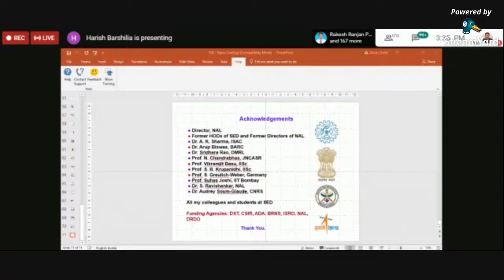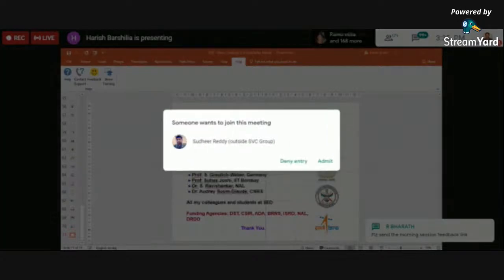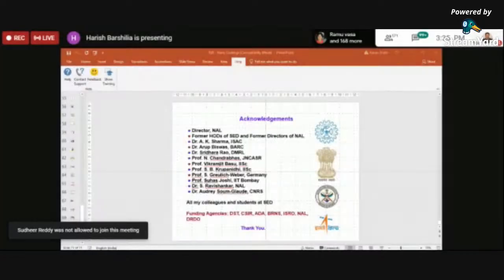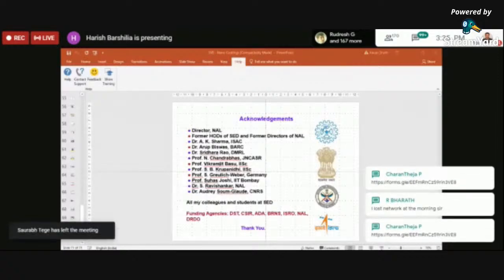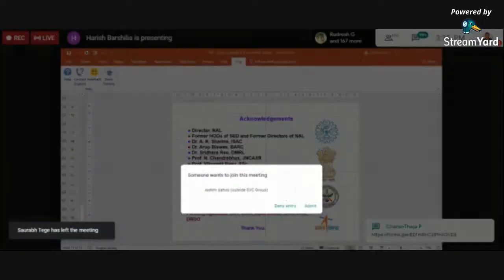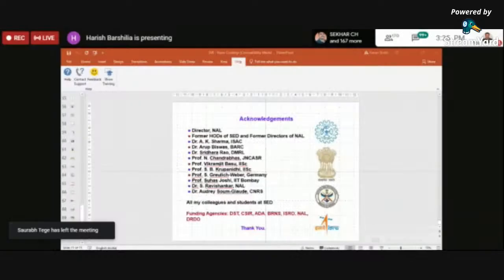Now, the point I was trying to make was that this graphite cannot be used for space applications because in space there is no humidity. All these carbon-related materials like diamond or diamond-like carbon will work only when there is some sort of humidity.